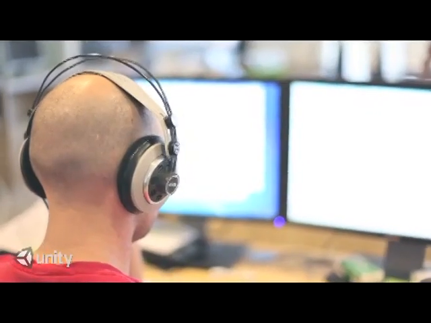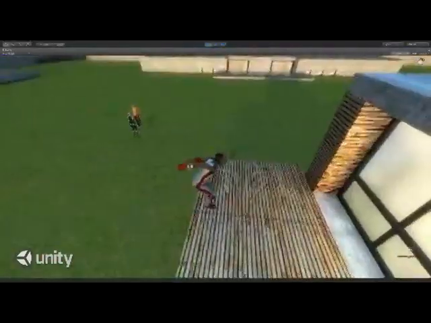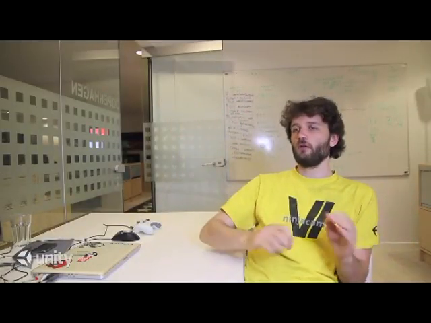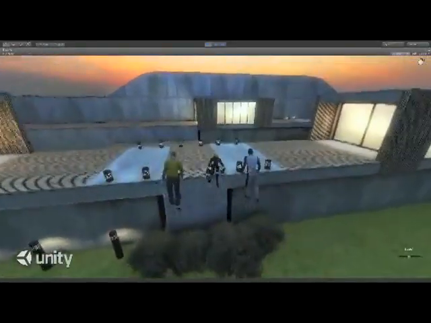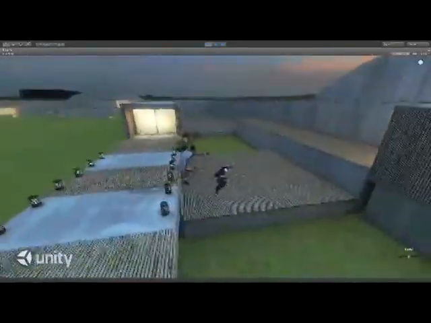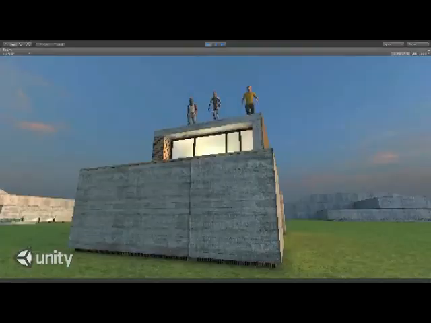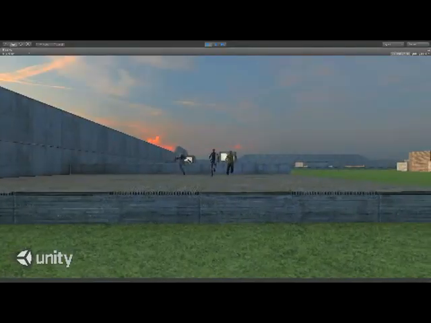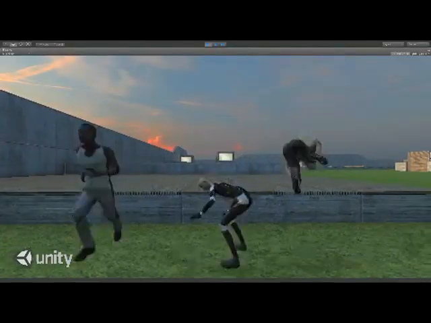So it's a feature that really scales from small developers all the way to AAA developers who have their own mocap studio and who are going to make all those big animations and just want a faster way of importing and working with animation data. It's extremely fast. We have an IK system, we have runtime retargeting, and you can have a ton of characters on screen with the system, more than you can have in any other character animation system on the planet.